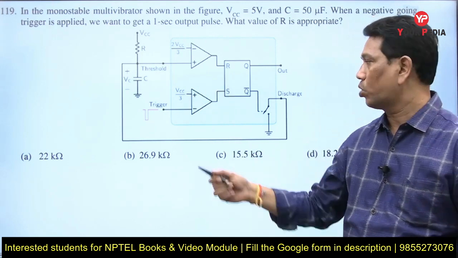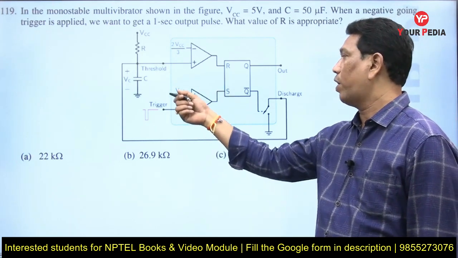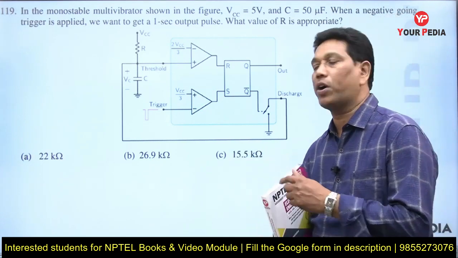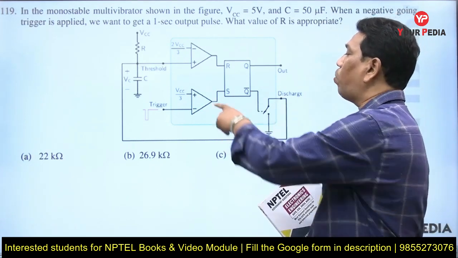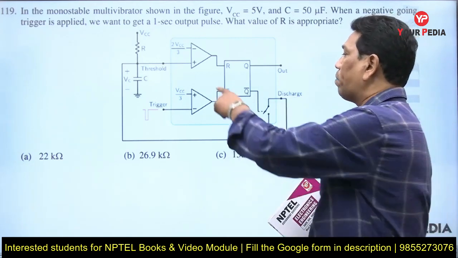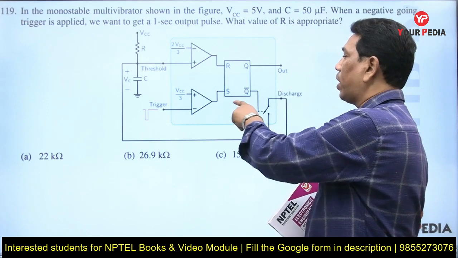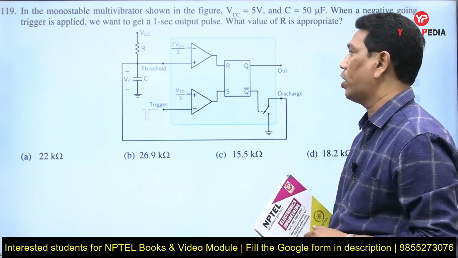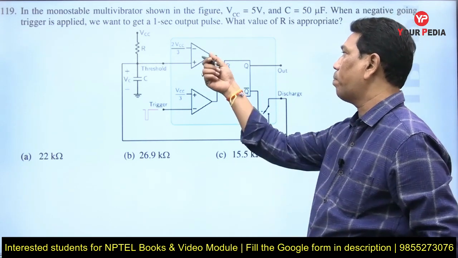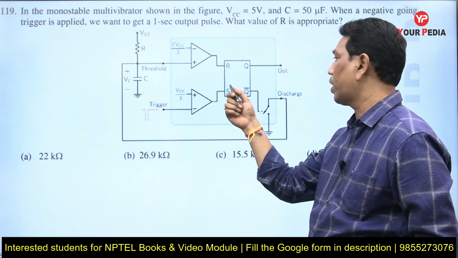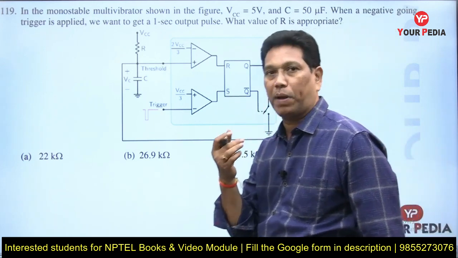Whenever the trigger voltage comes below 1/3 VCC, the output of this comparator is high, that is the set input is high, so the output becomes set. So this comparator generates a reset trigger pulse, and this comparator generates a set trigger pulse.